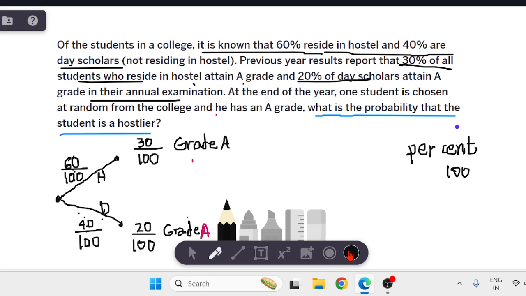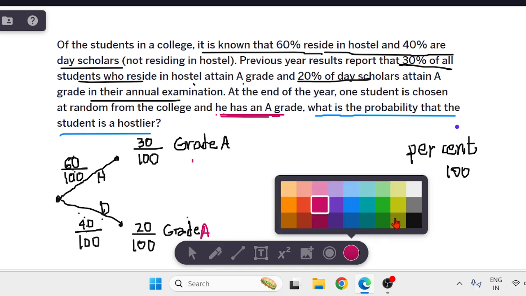But what's given is that at the end of the year one student has got grade A. So this is the given statement, isn't it? The black covers whatever the given stuff is, and the blue covers what's required. So he has got grade A is the given one.